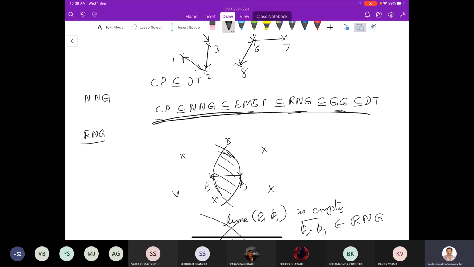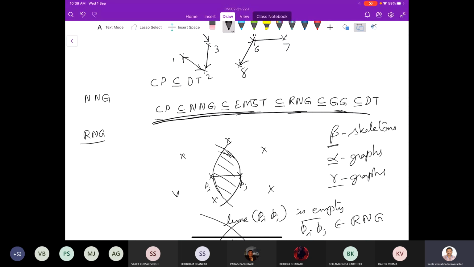For example, there are beta skeletons, then alpha graphs, and gamma graphs also. These are graphs defined in terms of parameters: alpha, beta, gamma.